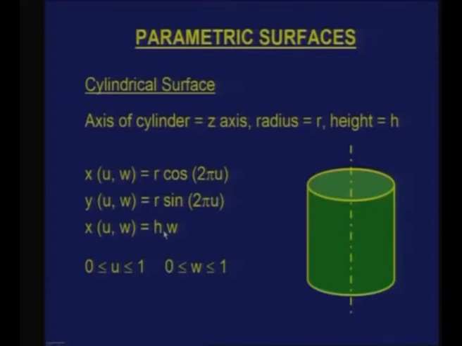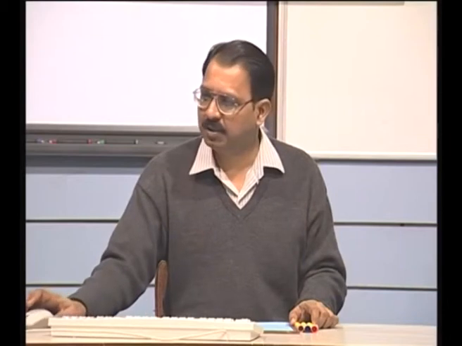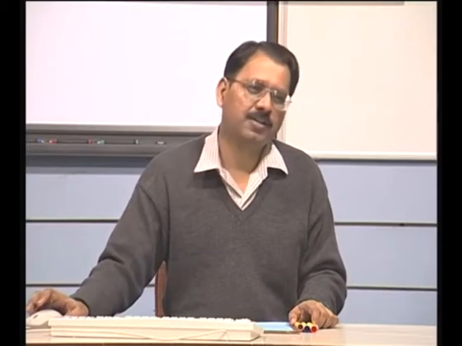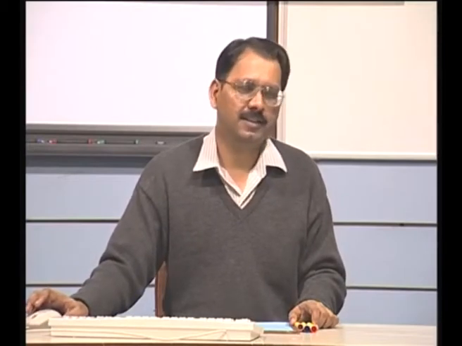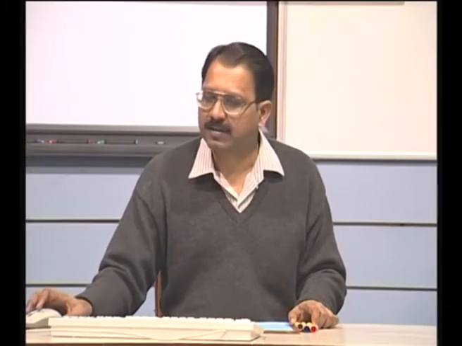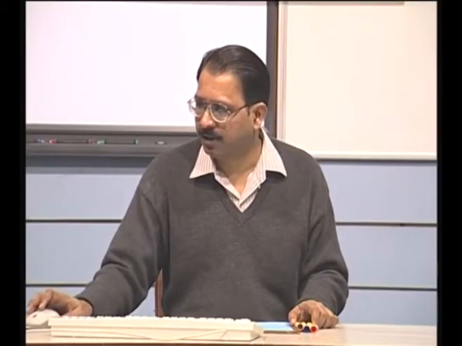So, it is actually going from 0 to h, but the cylinder may lie somewhere else. Suppose I have minus hw. Then it is the same cylinder which meets all these conditions, but lies somewhere else. So, this equation is not unique. I may have to give additional input in order to make it unique, along the z axis, where it should be situated in space.